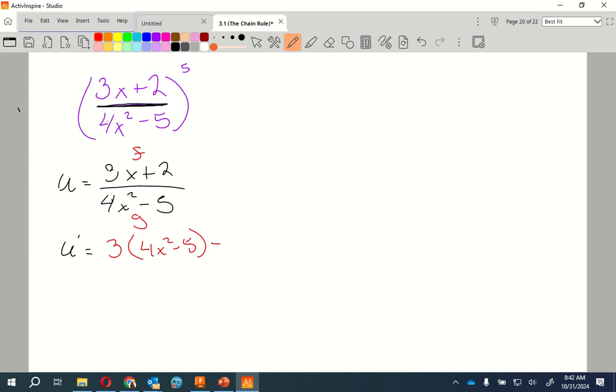G prime F, so G prime is going to give me 8x times F, which is 3x plus 2. And all this is going to be over G squared, right? G squared. So that's going to be 4x squared minus 5 squared.